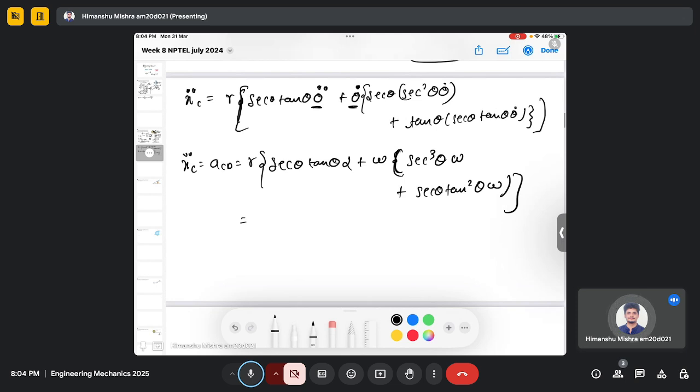If you simplify this expression, you will have omega square plus sec theta tan square theta omega square. So this is the acceleration, x double dot.